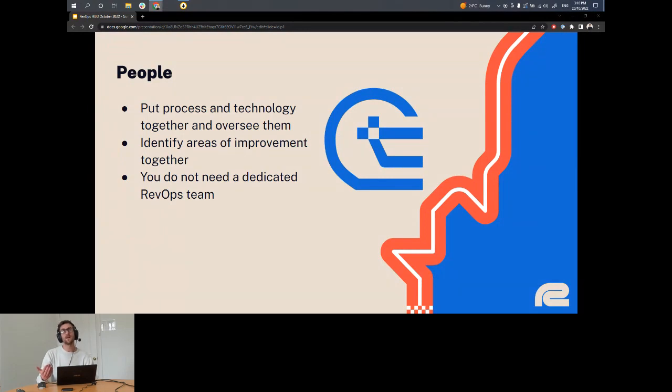I'd say that interpersonal skills as well is probably important, especially if you are the only RevOps person. You will have to deal with the different teams. So it's important to really know what each team needs, and what their problems are. That's pretty much it.